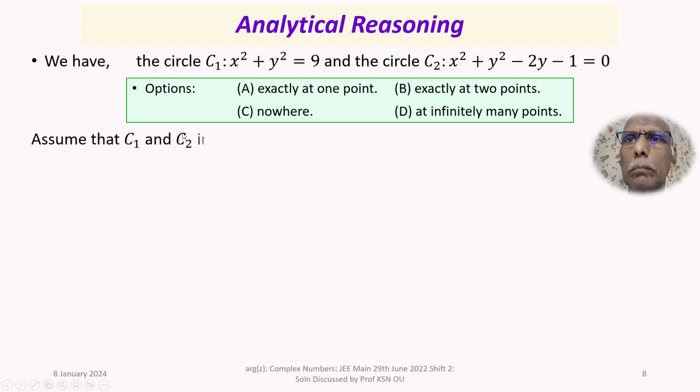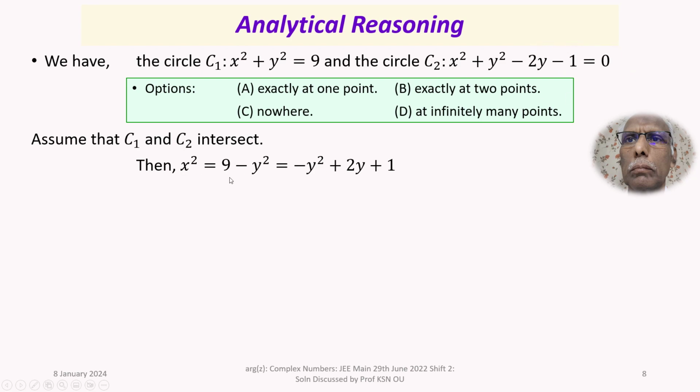So assume that C1 and C2 intersect. Then where do they intersect? We want to find the coordinates of the points of intersection. From C1, x square is equal to 9 minus y square, and from C2, x square is equal to minus y square plus 2y plus 1.